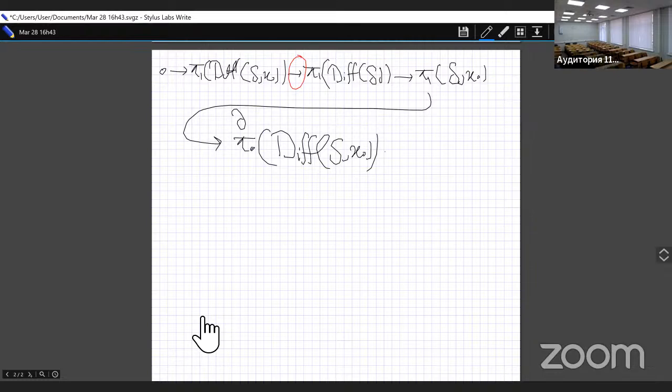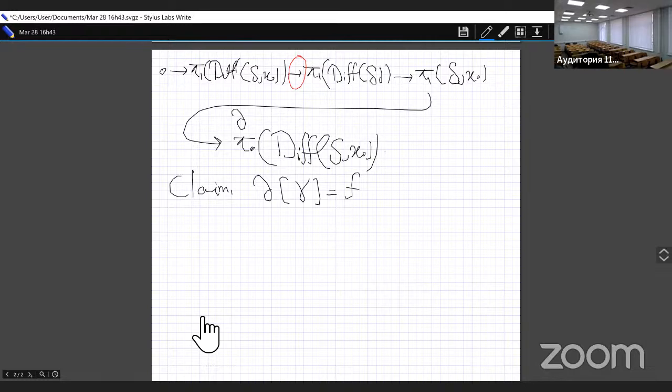So what does it do? I claim that the boundary of some gamma is the class of, let me show my F.